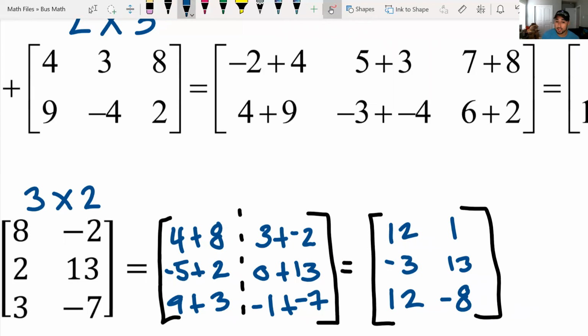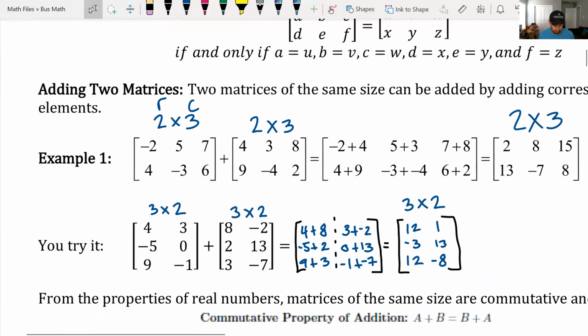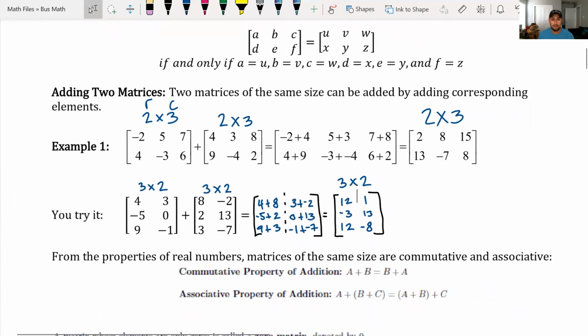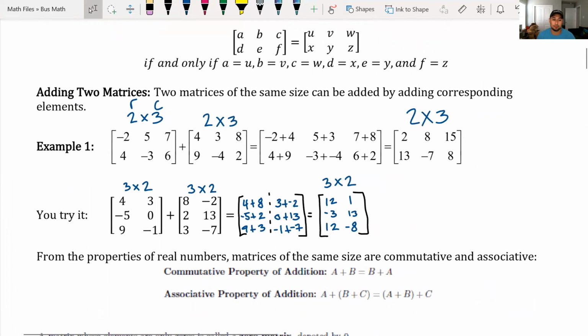And again, we end up with a matrix that still has 3 rows, 2 columns. That's perfect. Okay, awesome. Okay, so that's adding 2 matrices.